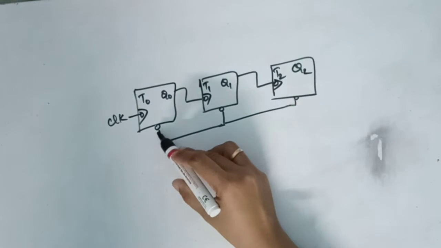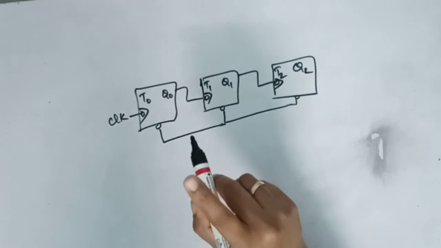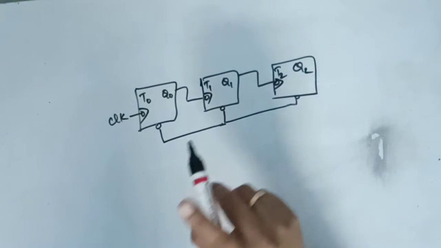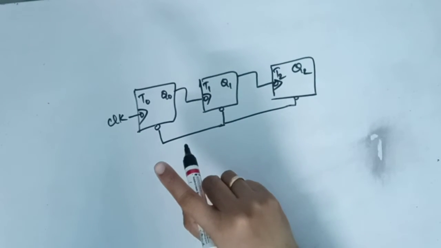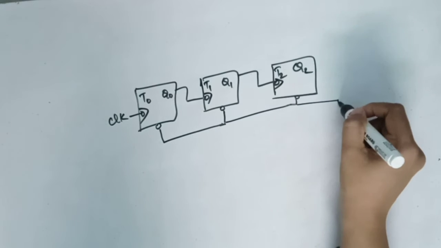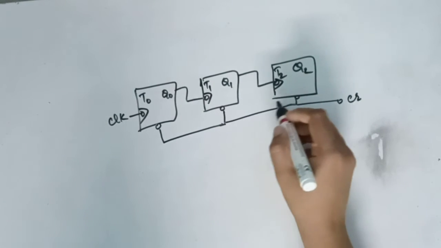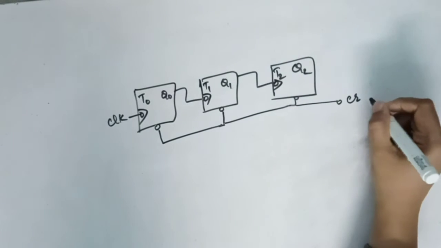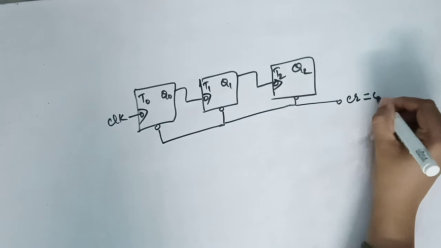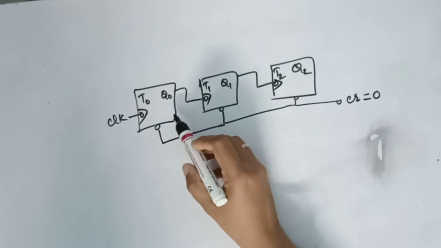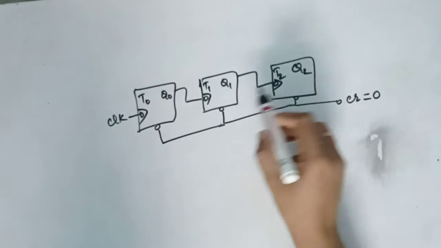Why do I put a bubble here? Because clear is active only if clear is equal to 0. The flip-flops are cleared only if clear is equal to 0. So initially I'll give clear equal to 0 so that Q0, Q1, Q2 all become 0.